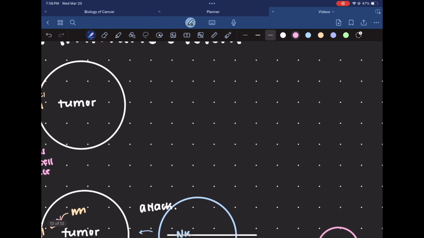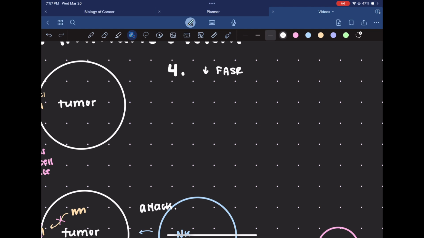And if I scroll back up, there's one other main action that we're going to take. If I write out my fourth bullet point here, we are going to decrease the presence of our FAS receptor. So we talked about earlier how this is used to signal extrinsic apoptosis.